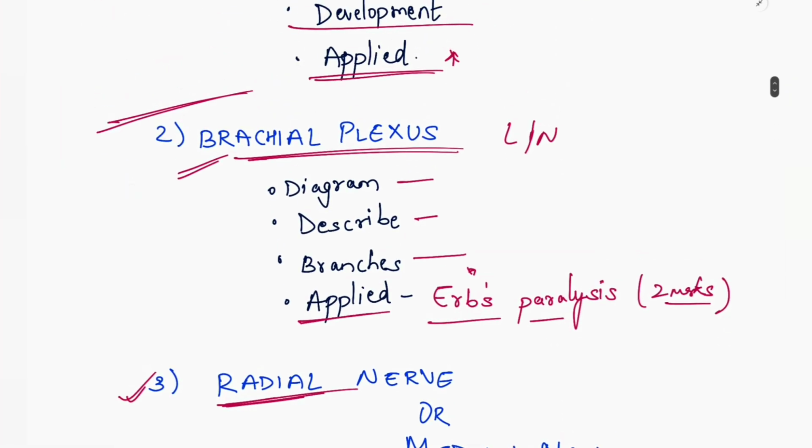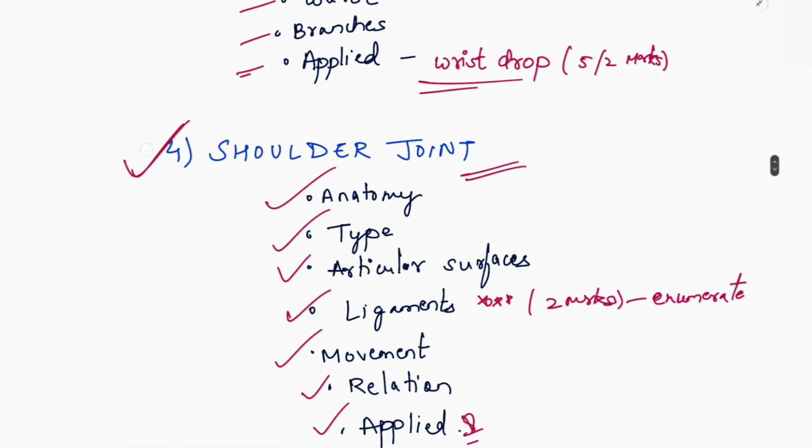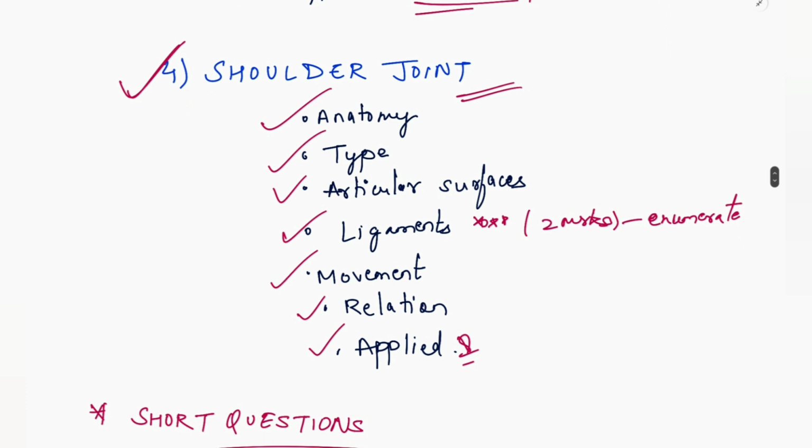With brachial plexus you should know the median nerve, the radial nerve, and the ulnar nerve. These are the must questions from the upper limb. Other than that, you can get a question from shoulder joint. Sometimes what happens is that either you get a question from shoulder joint, or in the lower limb part you get the hip joint or knee joint. If you are getting those, you won't be getting a shoulder joint question. So this is how they make up the paper.